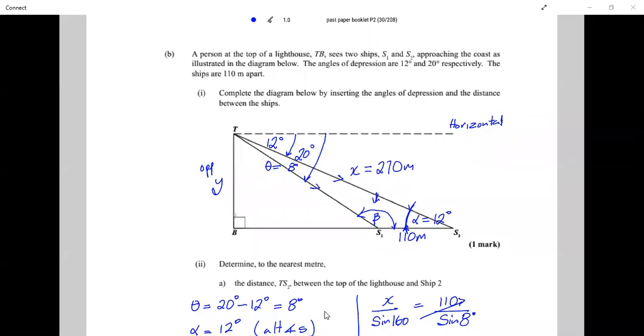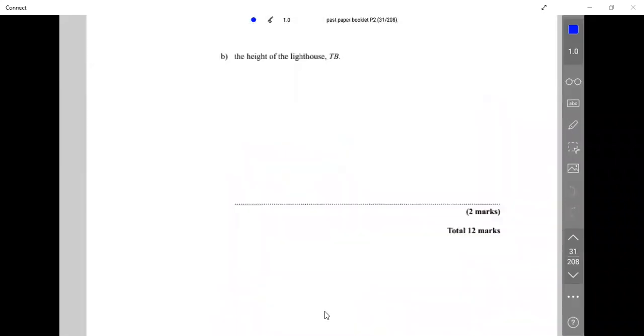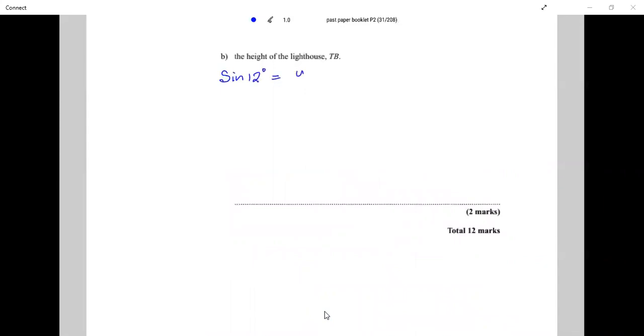And TS2 is the hypotenuse. Now, the ratio that includes opposite and hypotenuse is sine. So I would say sine of 12 degrees is equal to opposite y over hypotenuse 270. If I have one fraction equal to one fraction, I would cross multiply.